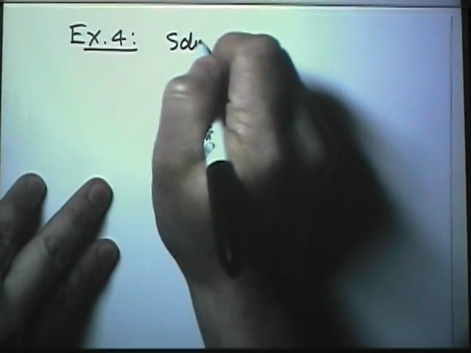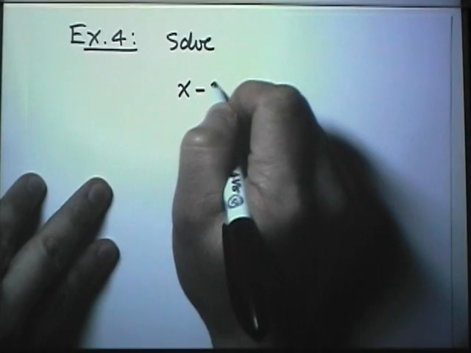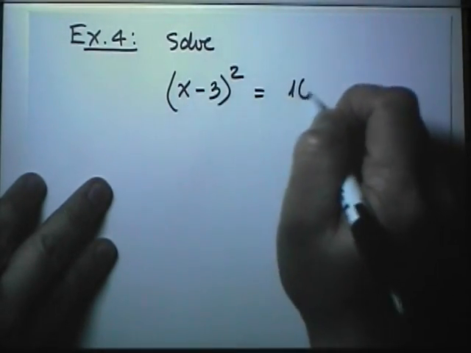Okay? And then in another example, this time, how about we want to solve, instead of simply an x squared, an x minus 3 all squared equals 16.